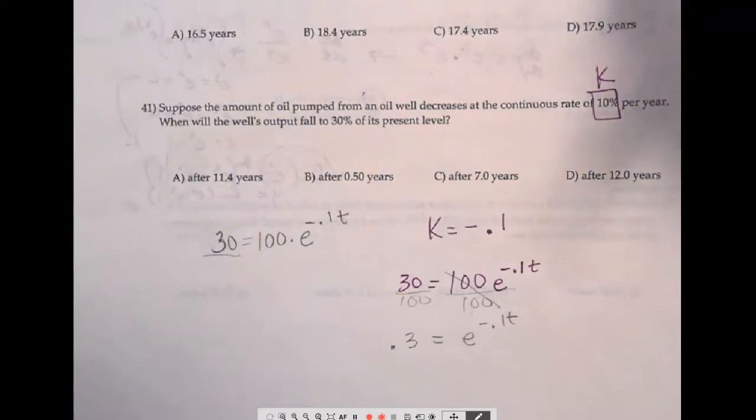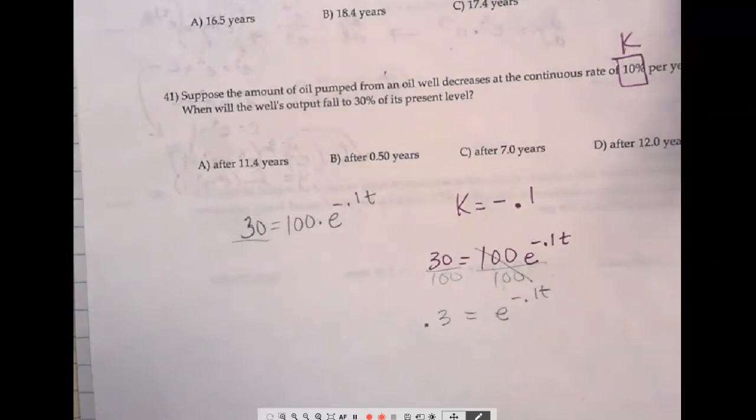This is another situation where you can start with any amount that you want. I think 100 makes sense for me. I could say that I started with 100. And if it fell to 30%, then I have 30 over here. You can use 1 and 0.3, just anything as long as that ratio of 30% is your final.